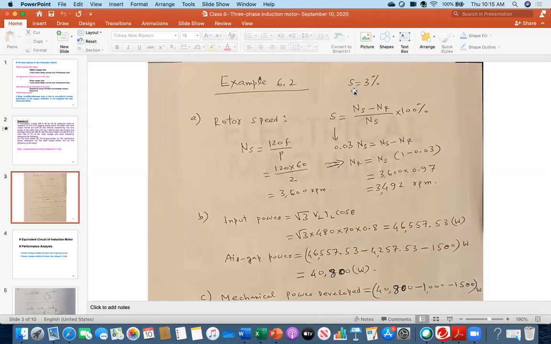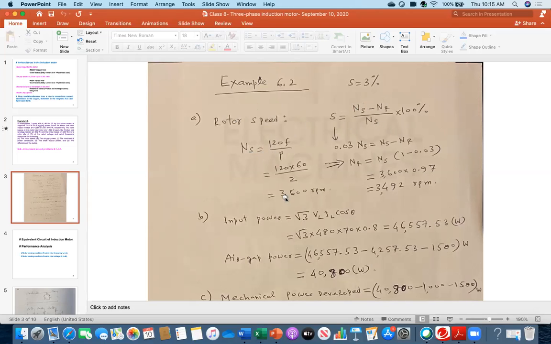The slip value was given. Slip was 3%. To find the rotor speed, you need the slip equation, so first I have written down the slip equation. Slip is (ns minus nr) over ns. Rotor speed means this term, nr, because ns is the synchronous speed.